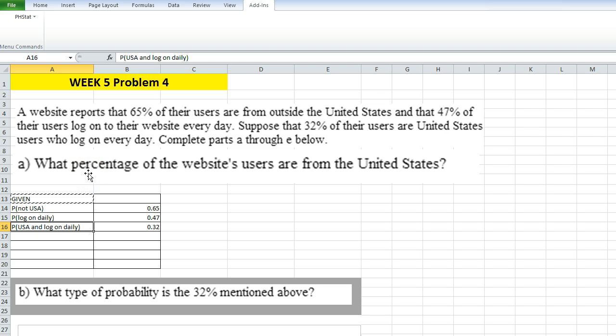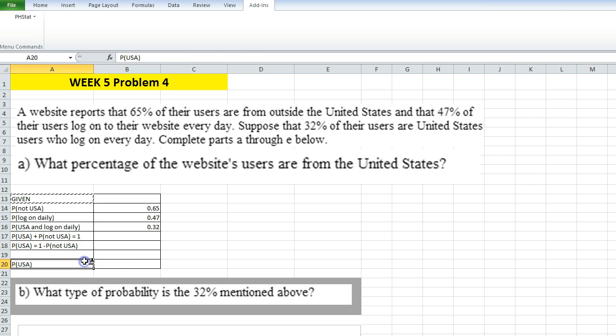The first of which is what percentage of users are outside the US. Now, the probability that they're in the US plus the probability that they are not is equal to 1, and that's the complement rule, which we can state in either of those two ways.